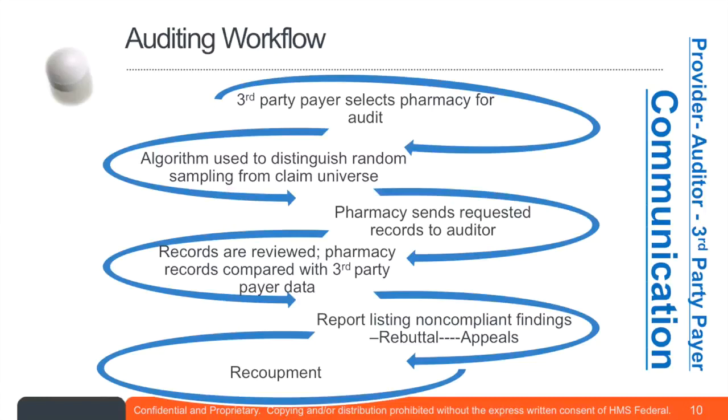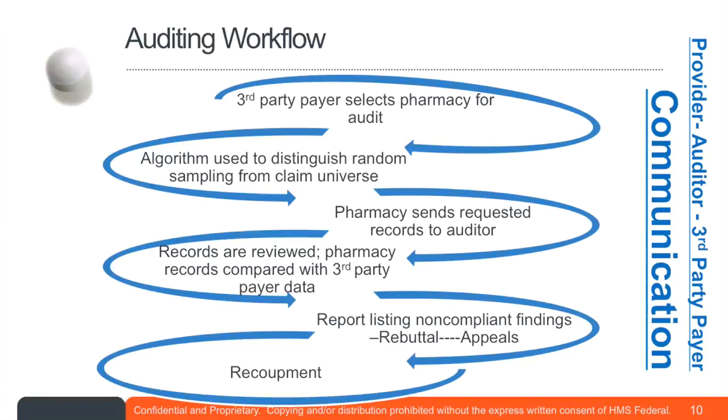And keep in mind that since the pharmacy has contracted with a number of different payers, the pharmacy has potential for a lot of different audits from the different payers. So just because you have one audit certainly doesn't mean that you won't have another.